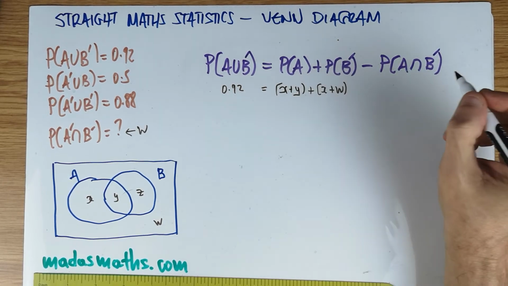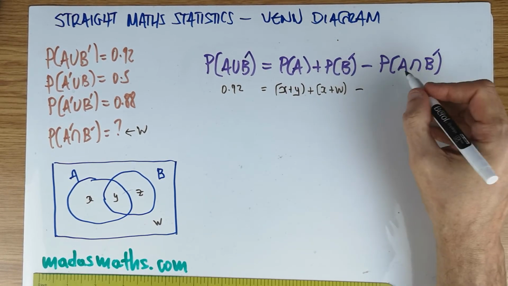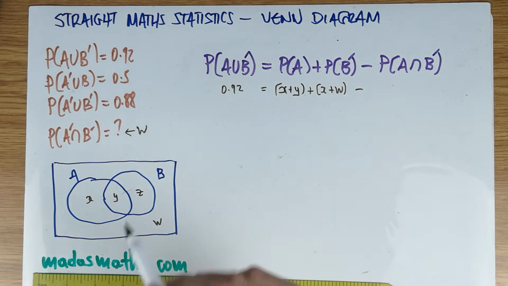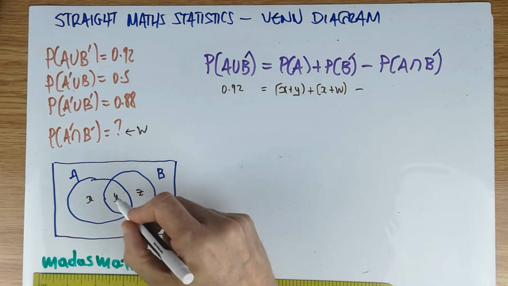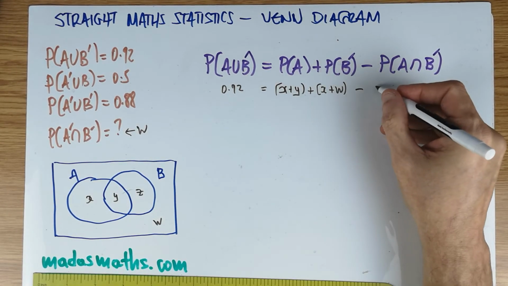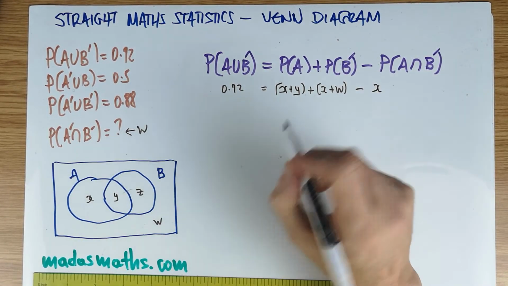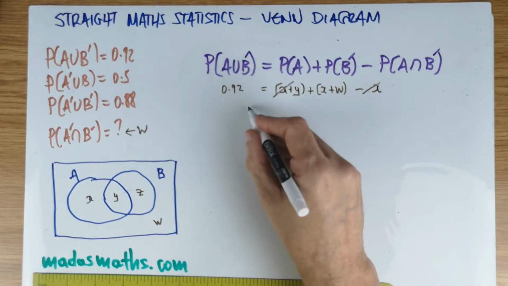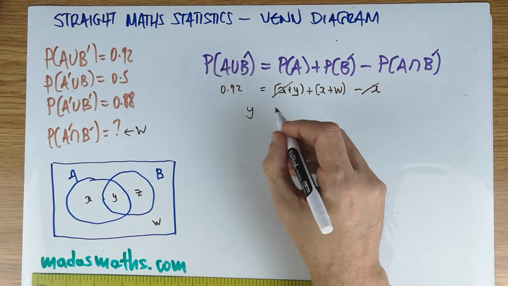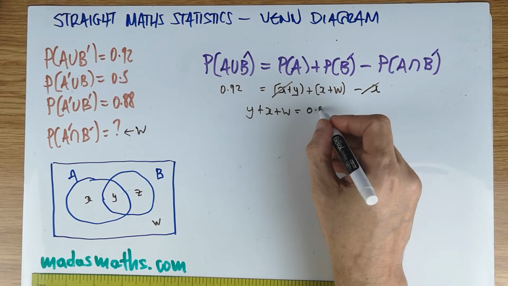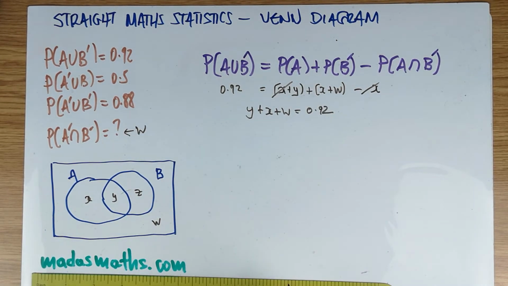And x plus w minus the probability I'm an A and I am not a B. Very, very angry. So I am an A, but don't you think I'm a B? So he's very upset if you call him a B. So it's just the x. And of course, if you look at what happens here, the x's cancel and you get y plus x plus w is equal to 0.92.